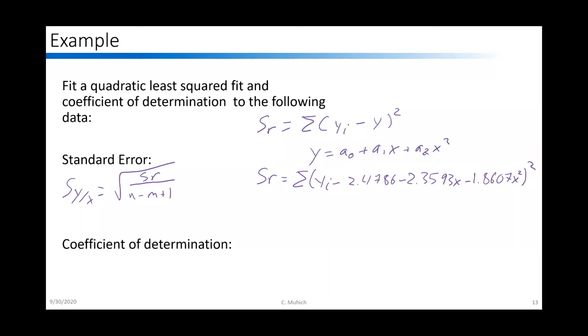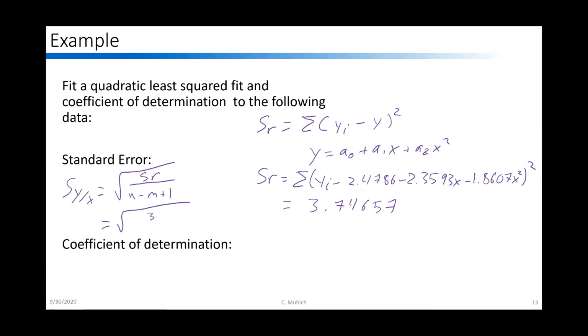Once again, I'm not going to go in and do all of these calculations in front of you. You'll get quite bored, but in the end, this ends up being 3.74657. You can go ahead and punch these numbers into your calculator and just double check my math. So now that we have the sum of our residuals, we're ready to go back and look at our standard error.